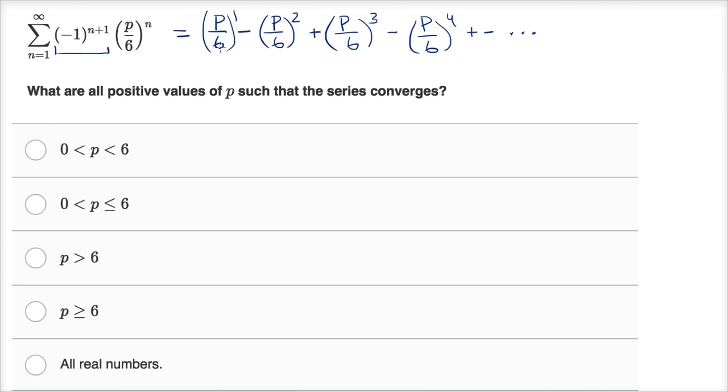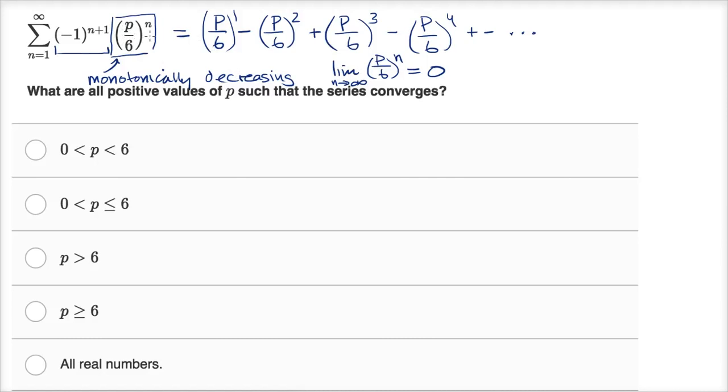And our alternating series test tells us that if the part of the expression that is not alternating in sign is monotonically decreasing, which is just a fancy way of saying that each successive term is less than the term before it, and if we also know that the limit as n approaches infinity of p over 6 to the nth power also has to be equal to 0, then the series converges. So under what conditions is that going to be true?